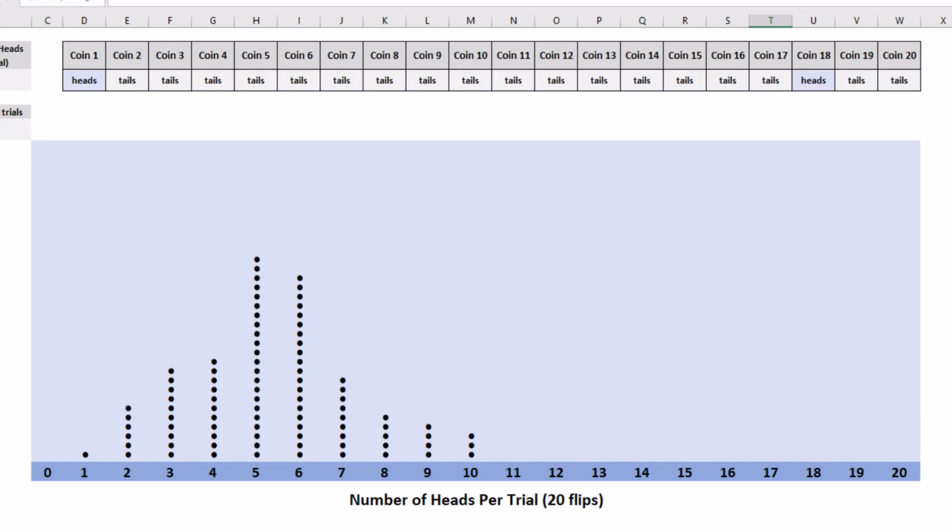But the high point of the curve is not where it should be. Remember, it should be over here at 10, if the coin flips at 50-50. But it's only over here at 10, which we've only gotten 3 times. This coin clearly is not flipping at 50-50. It's flipping at less than 50-50.